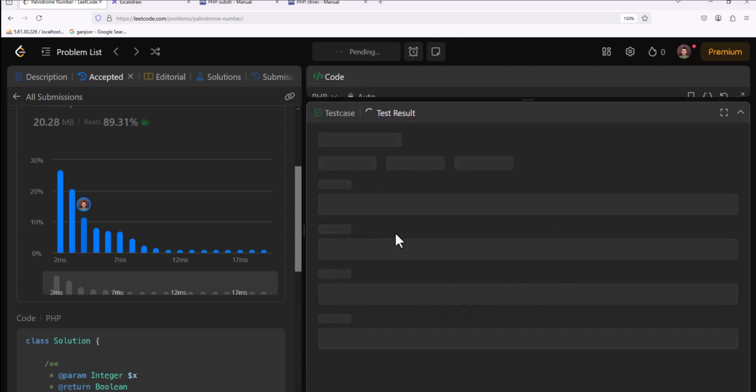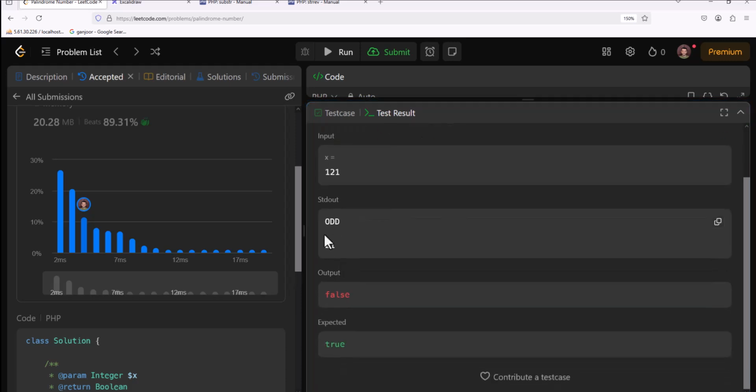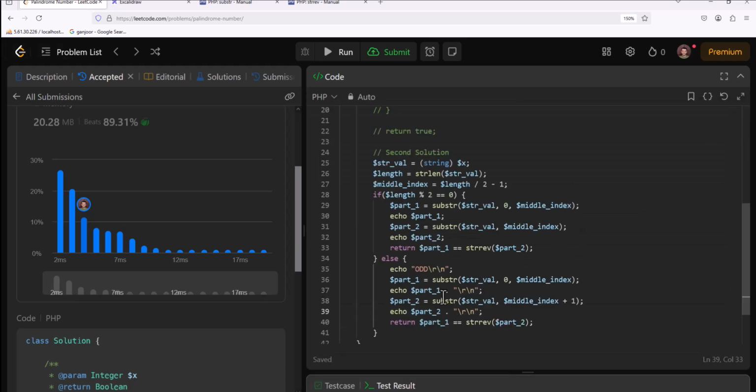Let me check another time. So add nothing and 21. What's going on here?